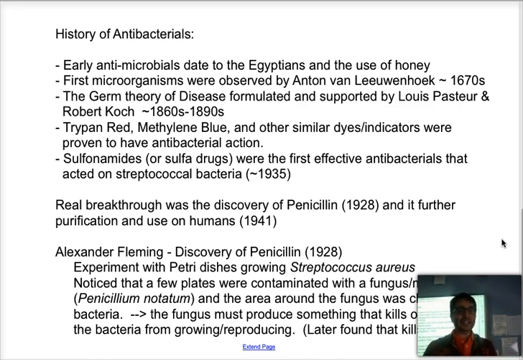So something in the Penicillium notatum had caused the prevention of bacteria growing and reproducing. All right, so it actually kills the bacteria. So as Fleming goes on to figure this out, he realizes that the penicillium must produce something that kills bacteria.